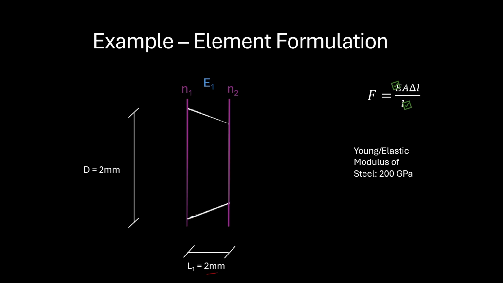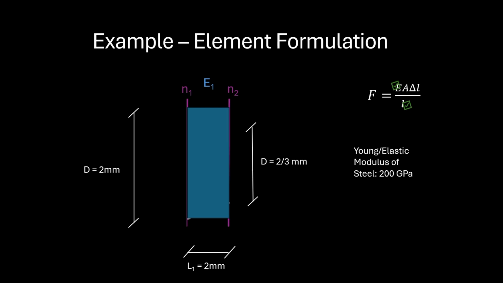If we look at the left, we have a diameter of 2 millimeters. And if we look at the right, we have a diameter of 2/3 millimeters. And so this is kind of a tricky spot, because if we use the diameter on the left side to calculate our area, that's going to overestimate the strength, because it's going to overestimate the cross-sectional area. If we use the value on the right, then that's going to be too weak.